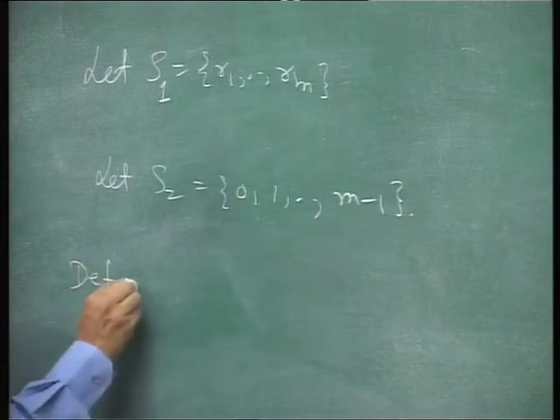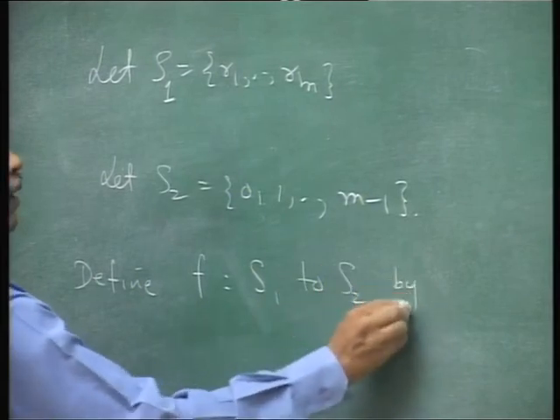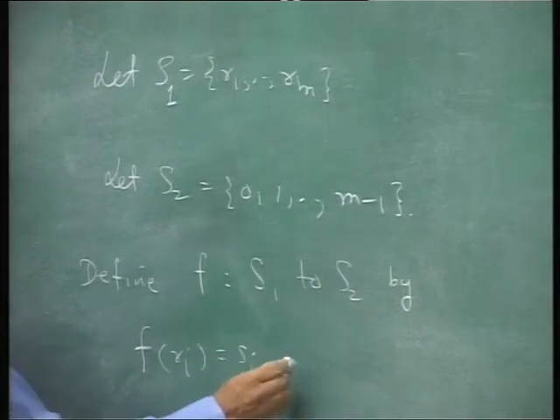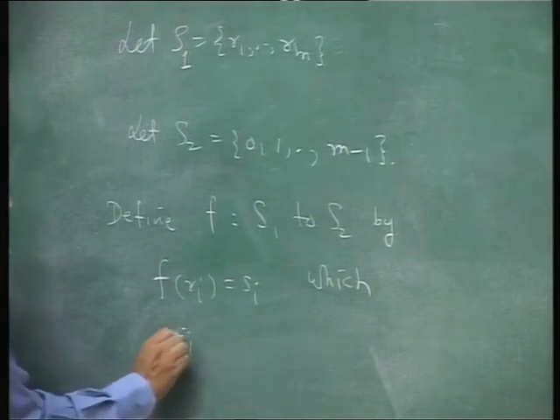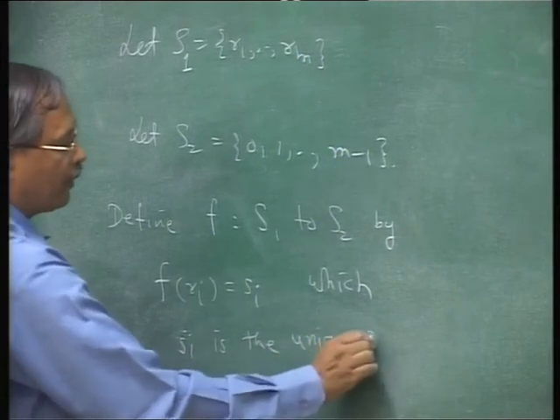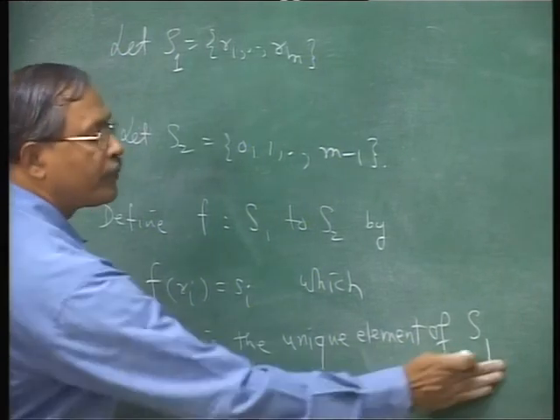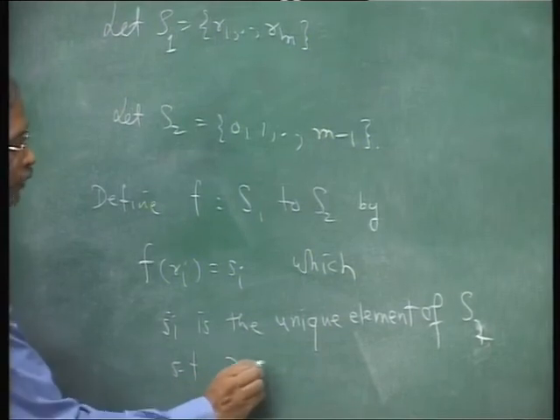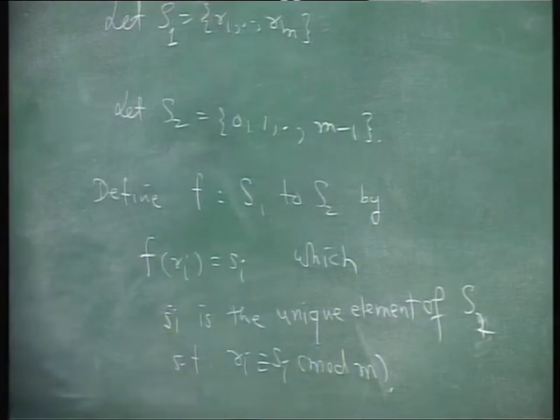Define f from S1 to S2 by f of any Ri equal to si, where small si is the unique element of capital S2 such that Ri is congruent to si mod m.